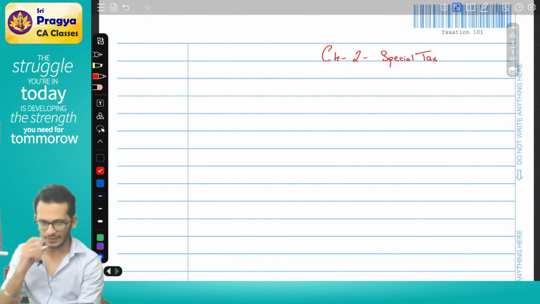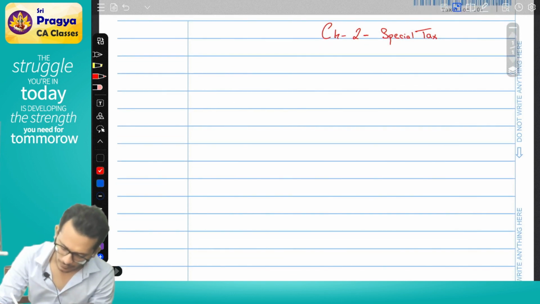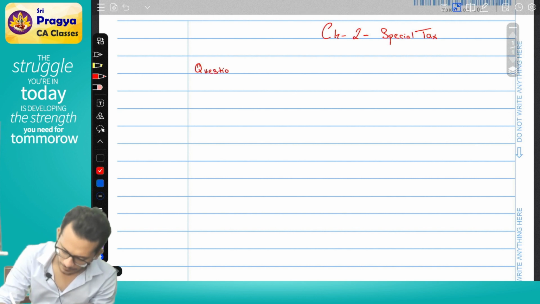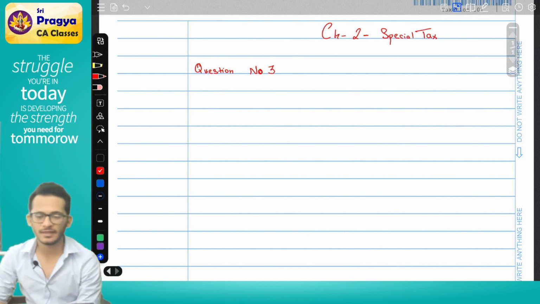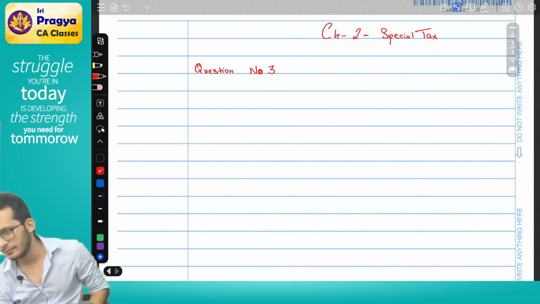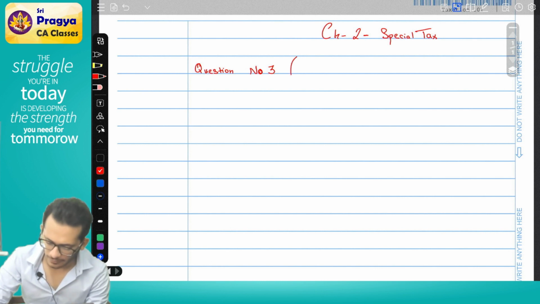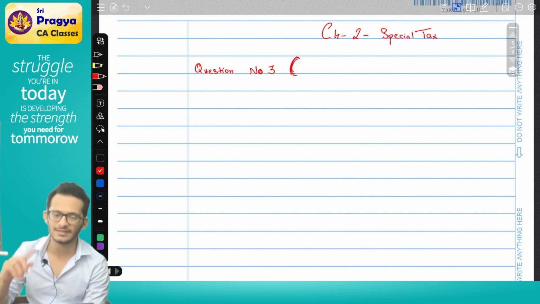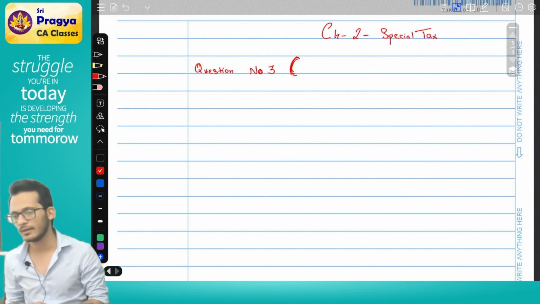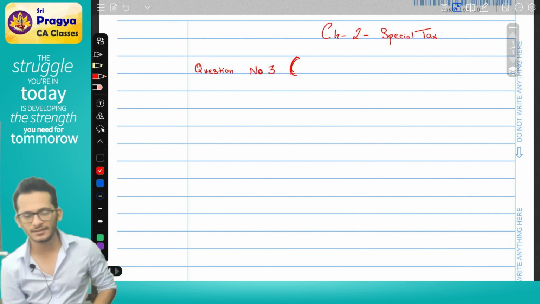My preference, since I have given you one small solutions book with just the questions, if you can write the page number also on the side, it will be good for you. Next time when you solve, you should know where this question is.